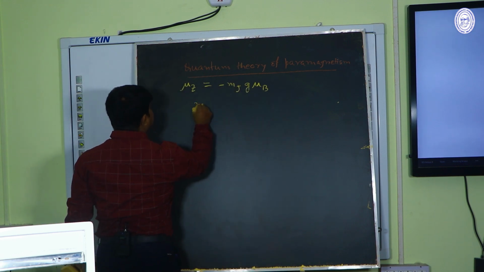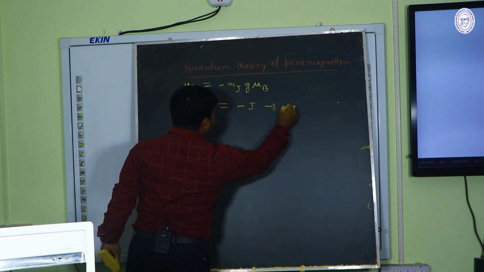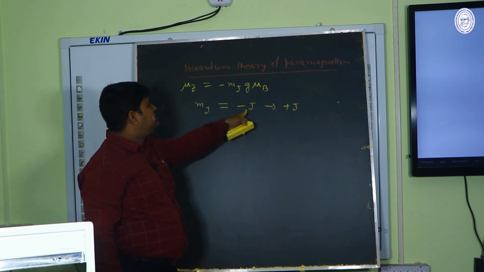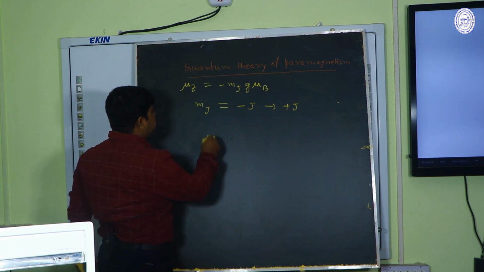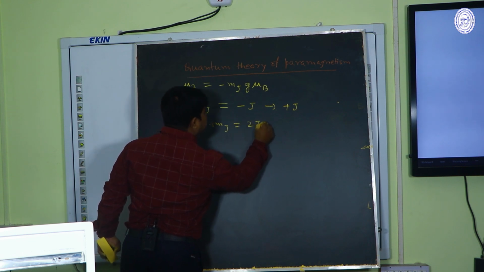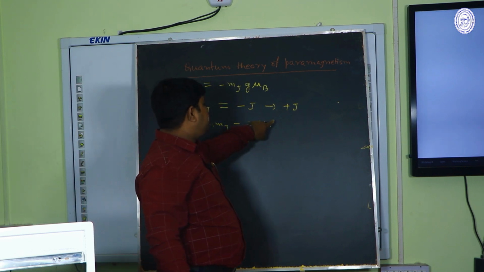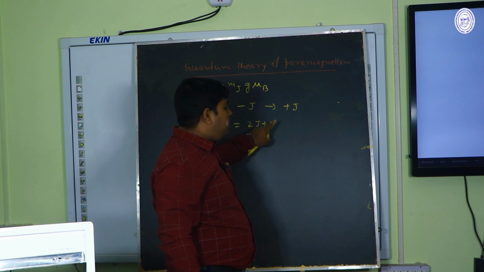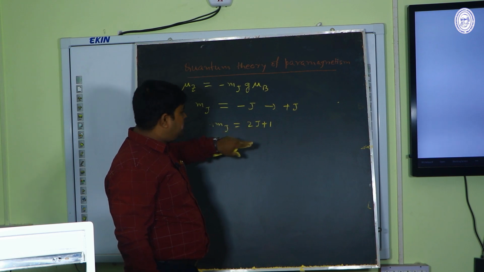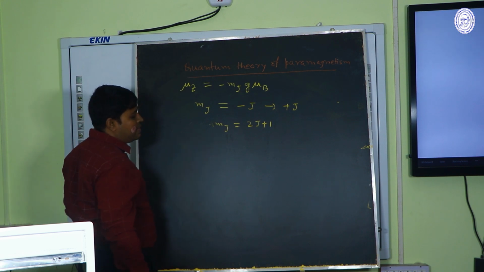The value of mJ is from minus J to plus J. So for a given value of J, the magnetic quantum number mJ takes 2J plus 1 values, which means the magnetic dipole moment can be oriented in 2J plus 1 different directions with respect to the direction of the magnetic field.